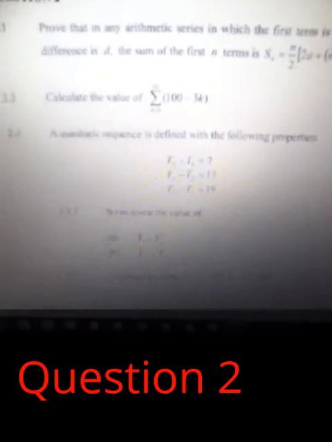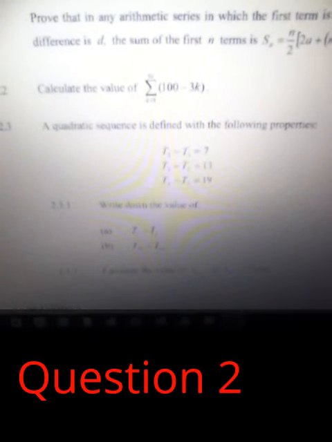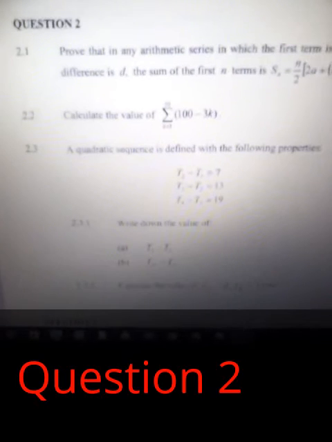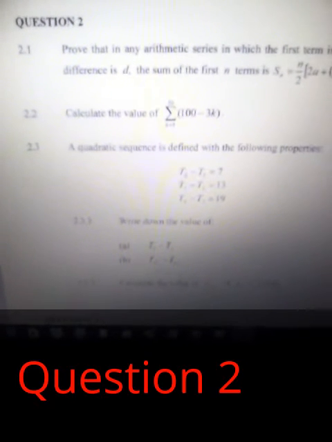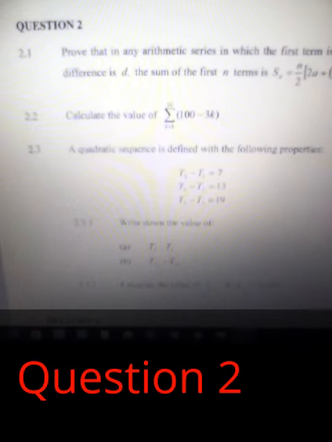T4 minus T3 is equal to 19. 2.3.1, write down the value of A, T5 minus T4, B, T70 minus T69. 2.3.2, you say that we have to write down the value of T69 if T89 is equal to 23,594. So let's start to find the solution for this question.